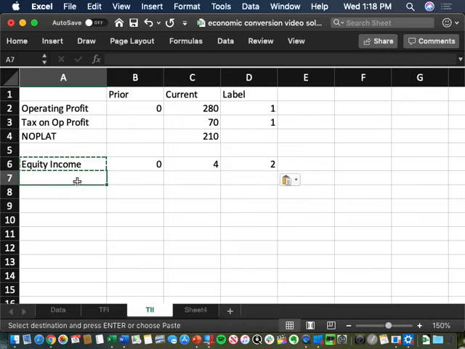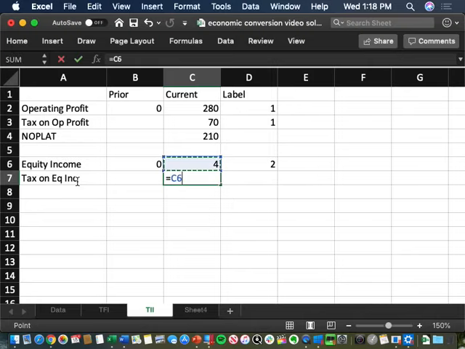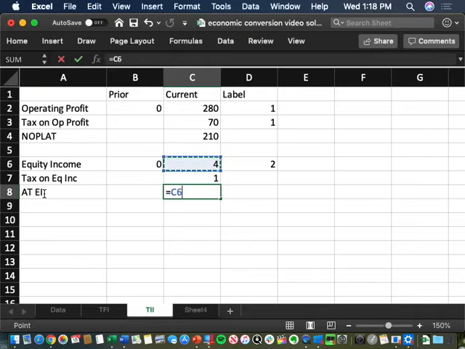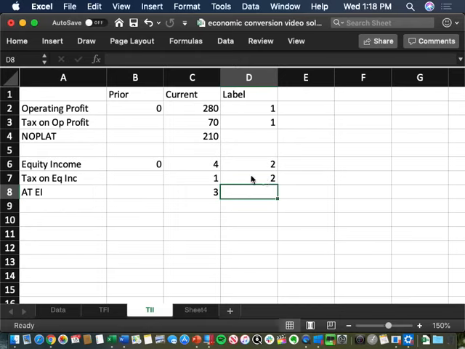If we reported $4 million of equity income, we would have a tax on equity income of 25%. So our after-tax equity income would be 3. So our non-operating profit total would be 3.